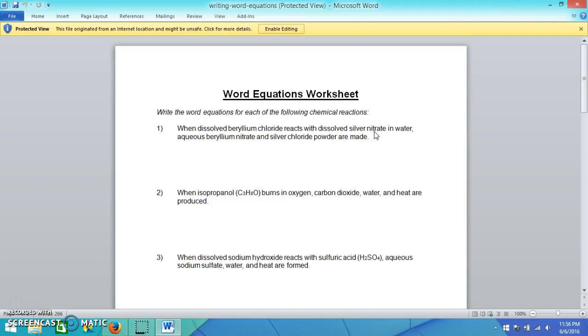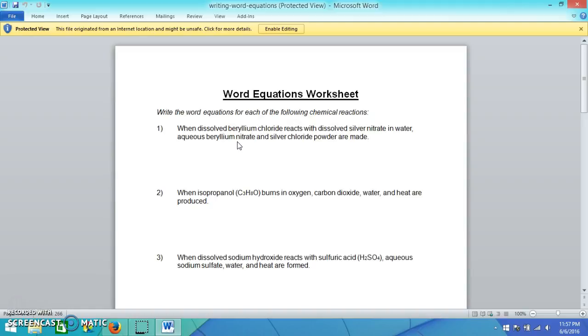Now for the products, and again, you might start to notice here as you write these out, this is going to be a double displacement reaction. We have in the first two reactants A, B, C, D. So for our products, we're going to get A and D. And you'll notice A, beryllium, and D, nitrate, do give us beryllium nitrate.